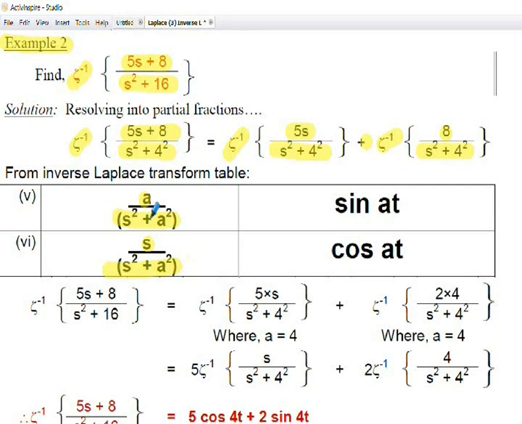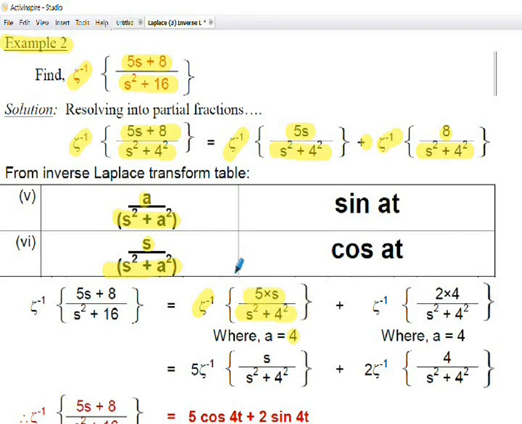So I've now got a handle on how I can manipulate these partial fractions to give me these standard forms. If we take the first partial fraction, I'm trying to find the inverse Laplace of 5 times s over the s squared plus 4 squared term. The a in this case would be 4.